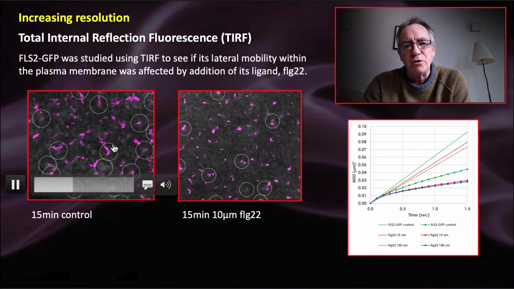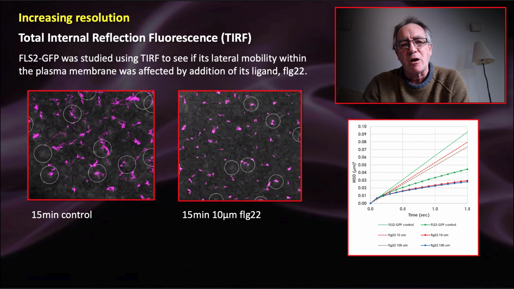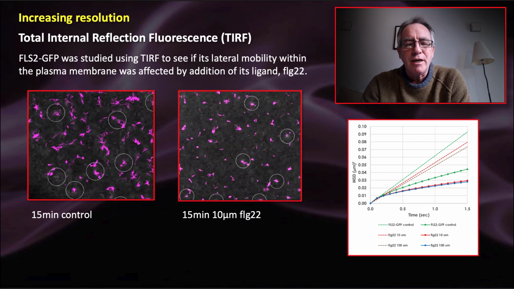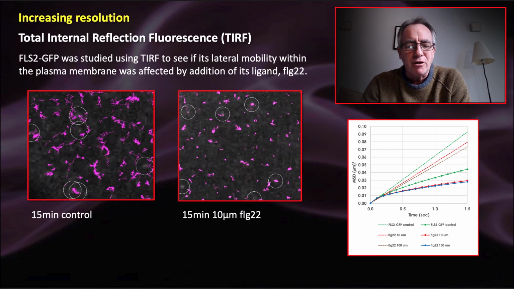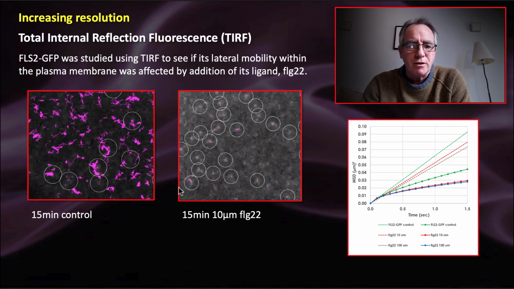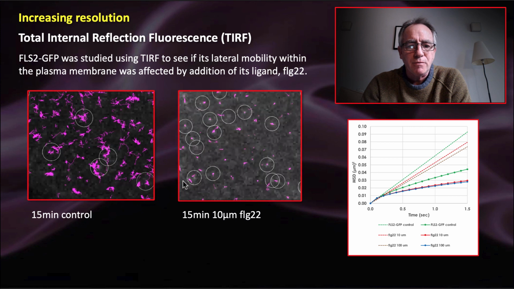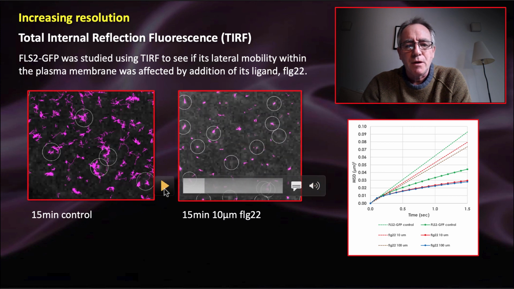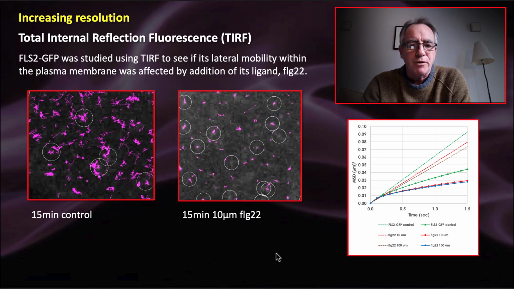Very often when you do experiments, any of the kind of experimental techniques that I'm talking about, it's a little bit subtle. Is there a difference or not in what's going on? And that's where we turn to statistics. Let me just stop these. We turn to stats and we use all sorts of image analysis to determine what's going on. And in fact, what we found was that the control moves at this rate here.